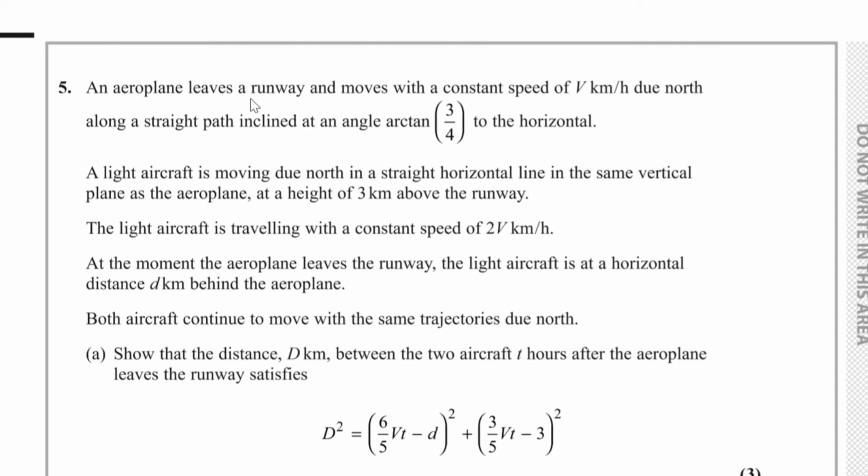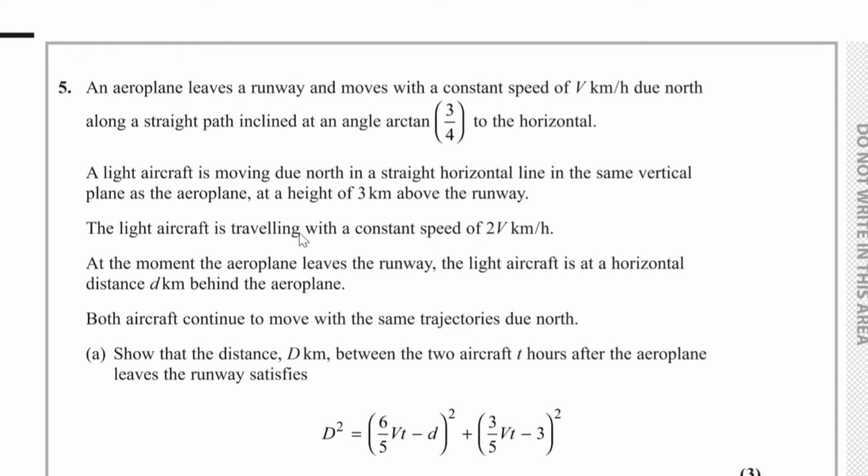Question number 5. An aeroplane leaves a runway and moves with a constant speed of v km per hour due north along a straight path inclined at an angle arctan of 3/4 to the horizontal. A light aircraft is moving due north in a straight horizontal line in the same vertical plane as the aeroplane at a height of 3 km above the runway.